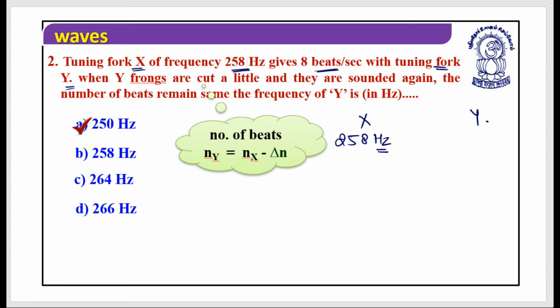It gives 8 beats per second with tuning fork Y. When this is 258, there could be two options. Either Y would be 250 Hz, or it is 258 plus 8, which is 266 Hz. So either of these options is possible: it would be 250 hertz or 266 hertz.